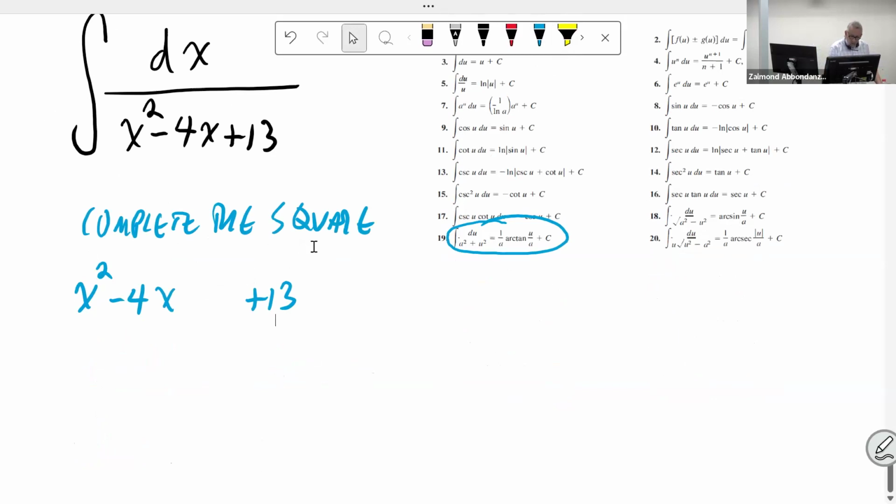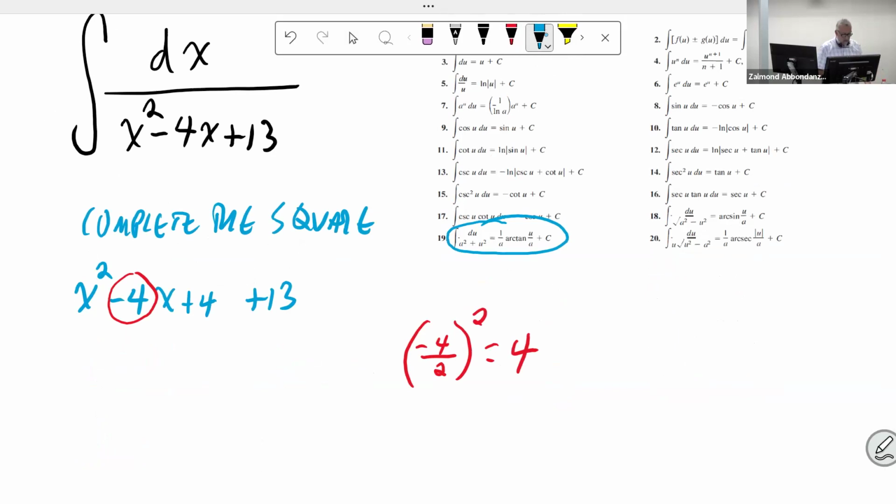We get that number by looking at the coefficient of the middle term, -4. We divide that by 2, and we square it. -4 divided by 2 is -2. -2 squared is 4. That's the number that we're going to add here, plus 4. We can't just add a number. We also have to subtract it, otherwise we'd be changing the value. So if I add 4, I have to subtract 4.